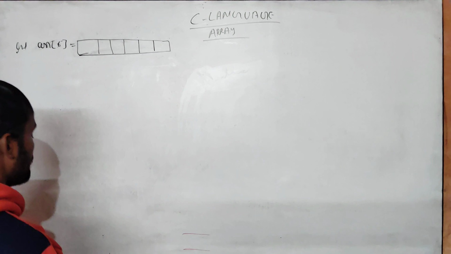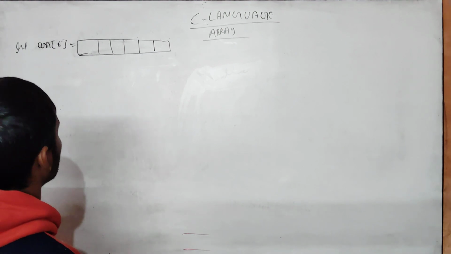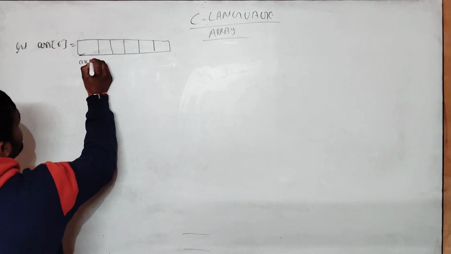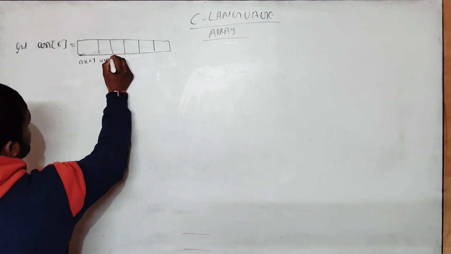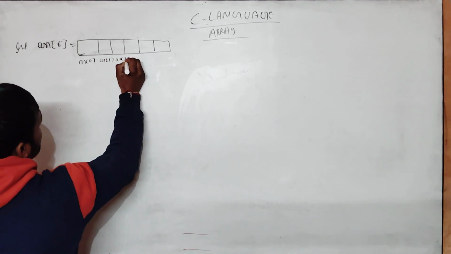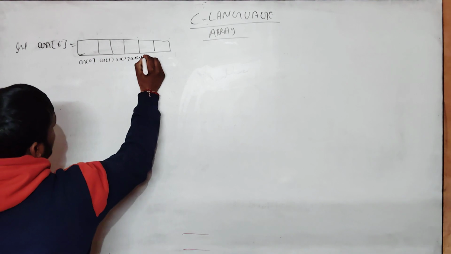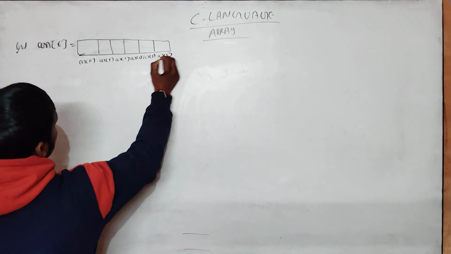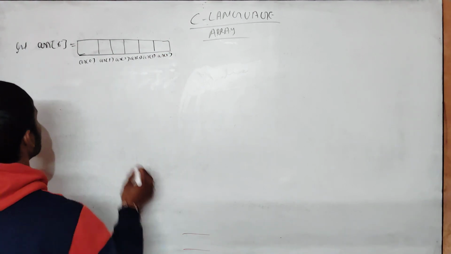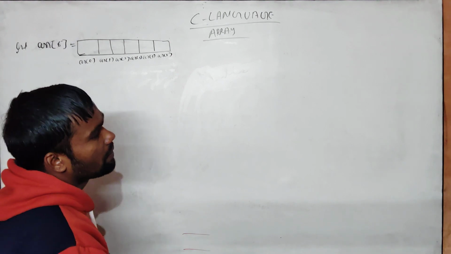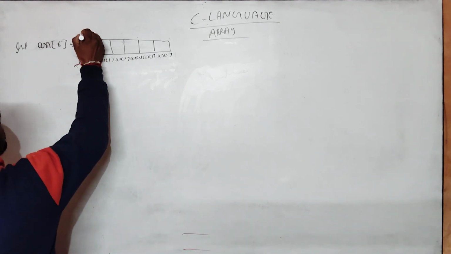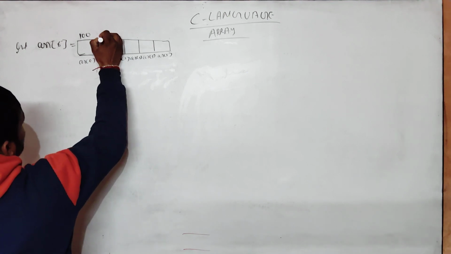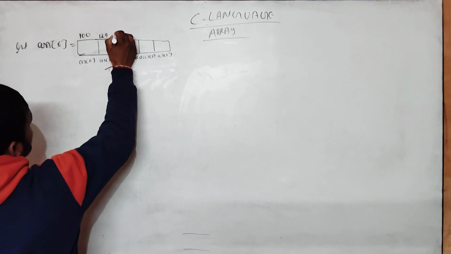We have an integer array, and the index numbers are array of 0, array of 1, array of 2, array of 3, array of 4, and array of 5. An integer is stored in 4 bytes. If I take the address of the array as 100, then the next will automatically be 104. We need to add 4 bytes in every address.